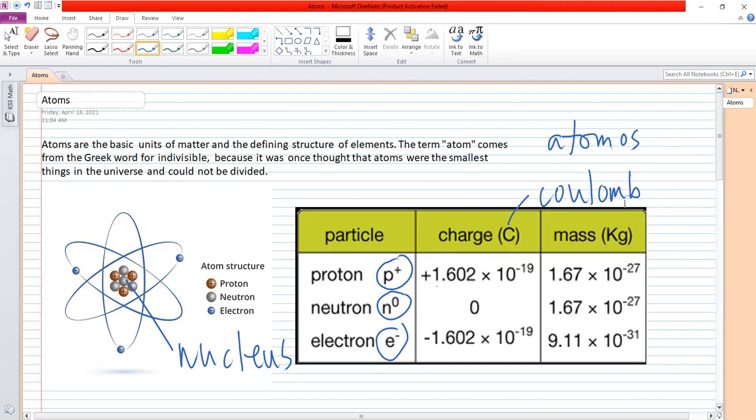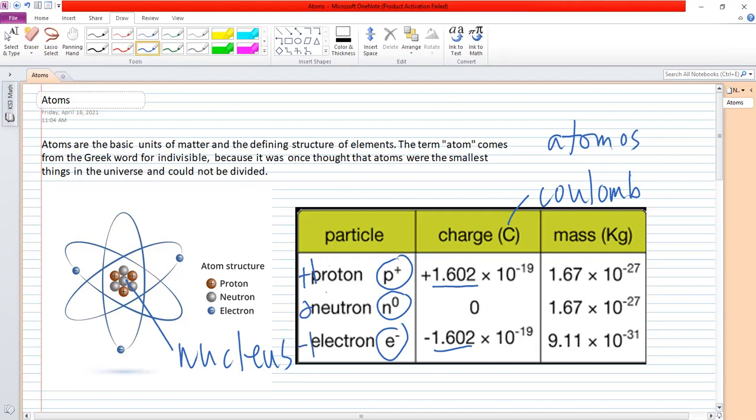Now, as you can see here, proton and electron have the same value, or the same magnitude. That's why, relative to each other, we can say that the charge of proton is positive 1. Okay. For neutron, it is 0, and for electron, it is negative 1.